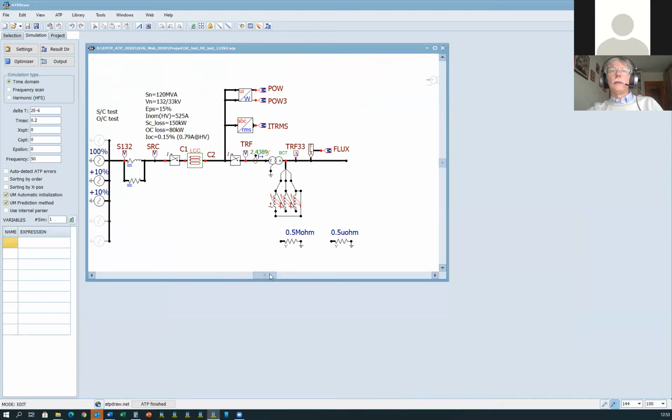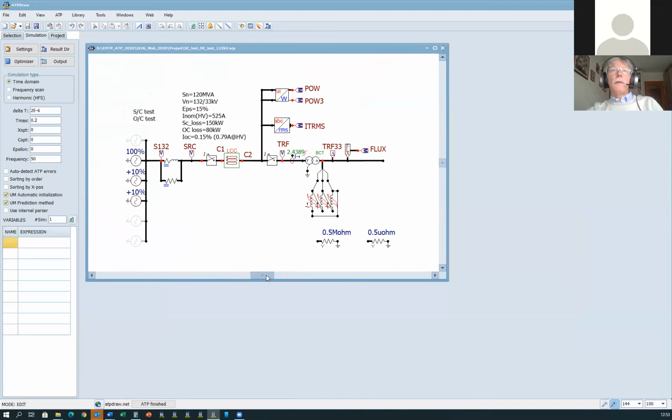It's very easy. If your model fails on this test, it surely will not work in more complex or more sophisticated simulations. Let's move this part out.